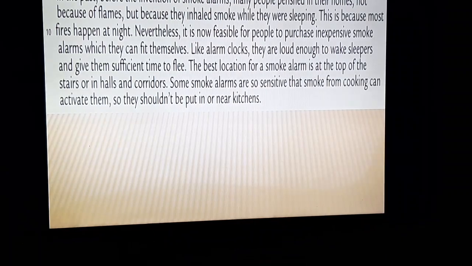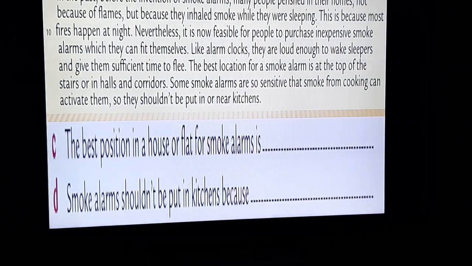Smoke alarms are another very good innovation. These inventions are very good to keep us safe. What's the best position for smoke alarms in the house? The best position in a house or flat for smoke alarms is, try to find the answer here.